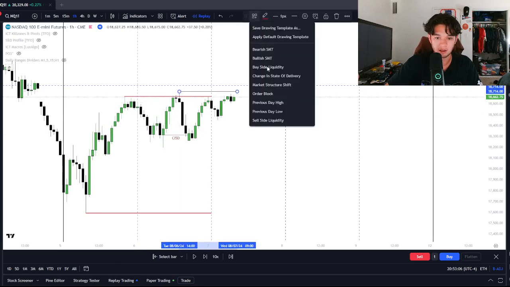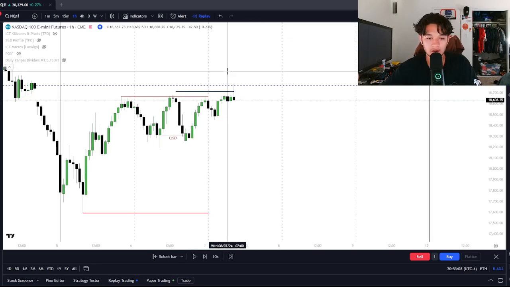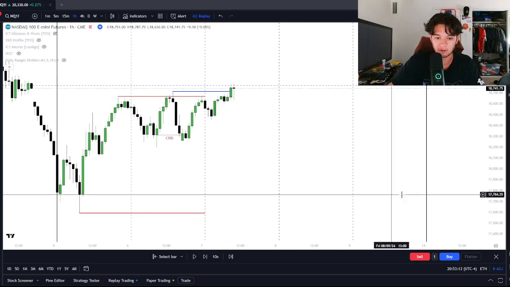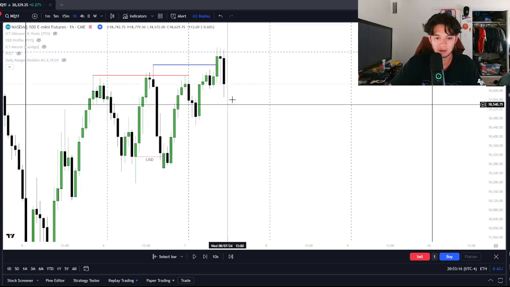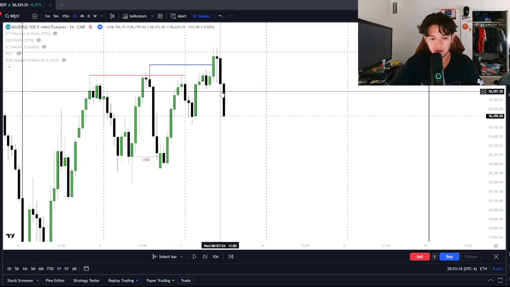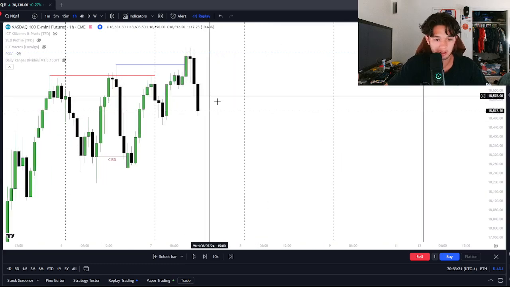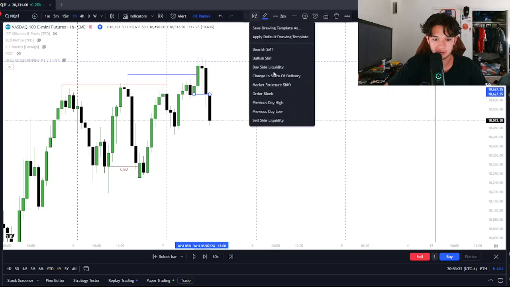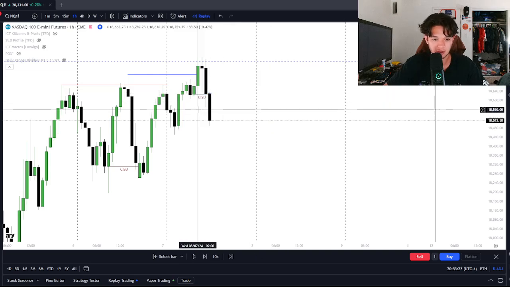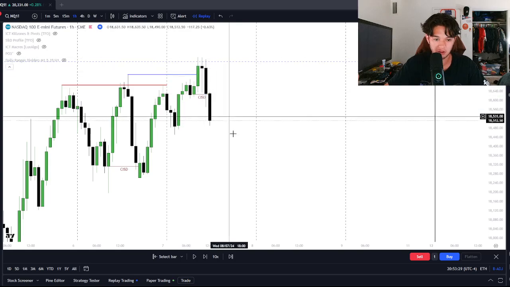Mark out the high. Boom, we take the high and we go into equilibrium. Now let's see if we get a change in state of delivery. One more candle. There we go. Change the state of delivery. So now I would be bearish. Possibly could have taken a trade within here, a bearish trade.